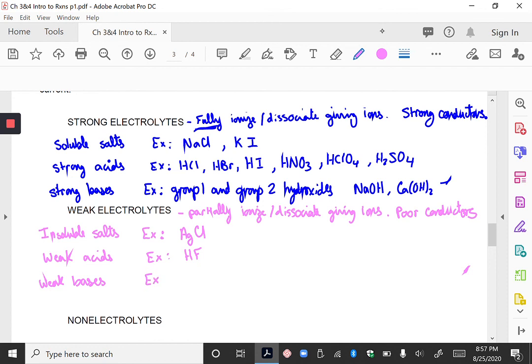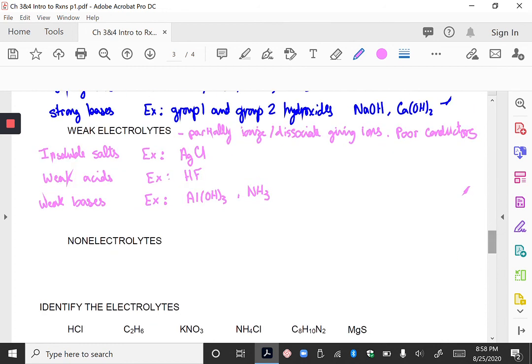So any other bases than the ones we've mentioned here, group 1 and group 2 hydroxides. So for example, aluminum hydroxide. So if you see a hydroxide that's not group 1 or group 2. Or ammonia, baking soda, and so on. So there's all kinds of weak bases.